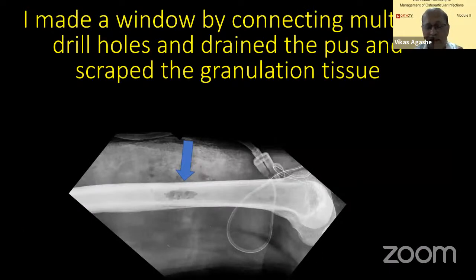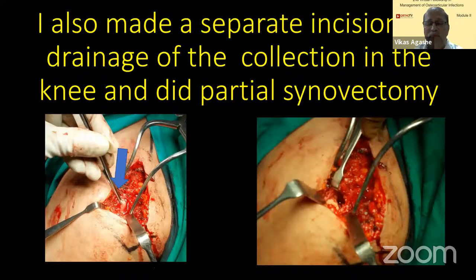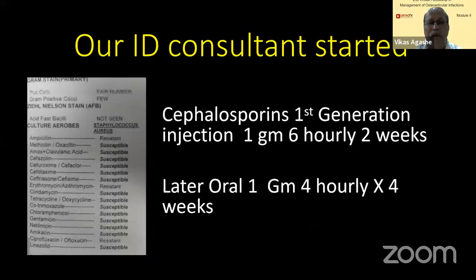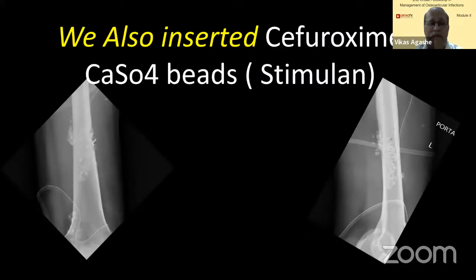You can see the size of the window as compared to whatever presentations we have seen. A small size window, a lesson to learn for everyone. I made another incision distally, and again made another small window here distally to drain pus. Our ID consultant started appropriate antibiotics. I used Stimulan.